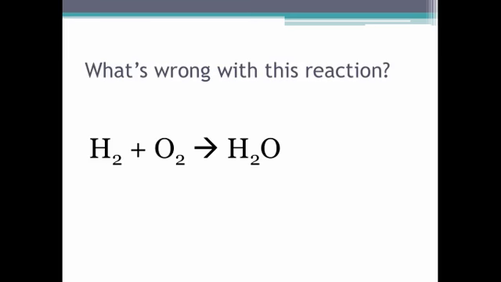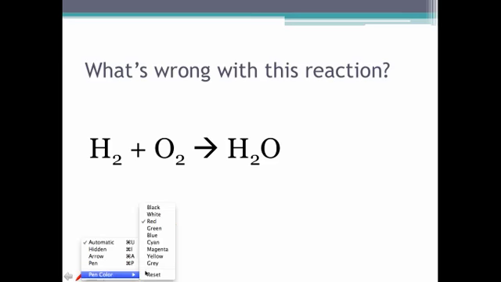So if you take that on board and you look at this particular chemical reaction, you can see that there's actually something wrong with it. So what's wrong with it? Well, if you look at this reaction and you look at the number of atoms involved, here we've got two hydrogens.